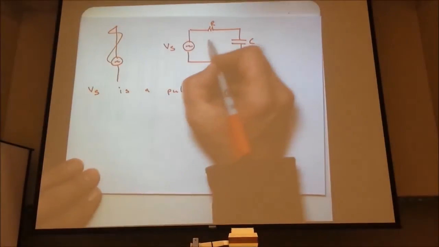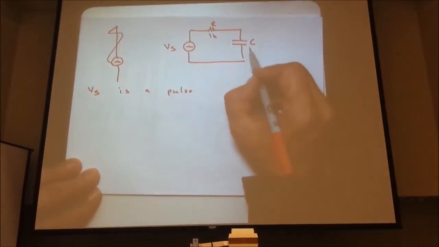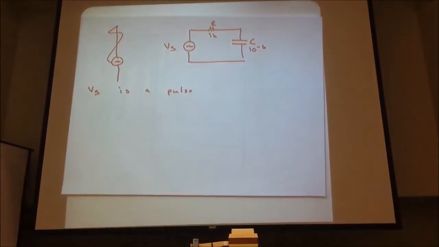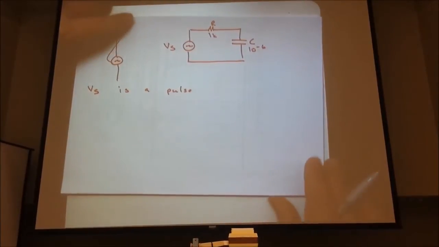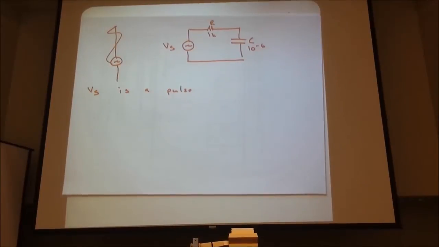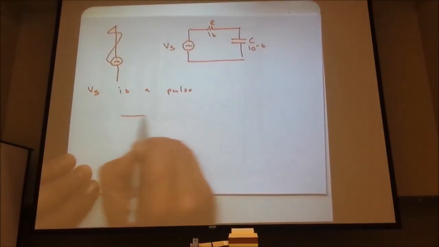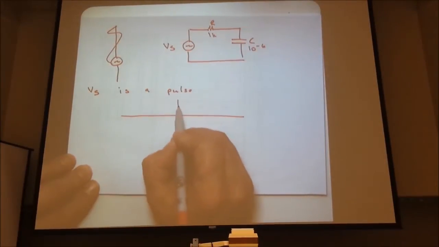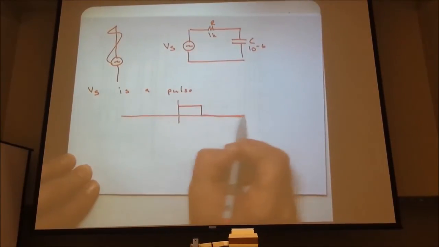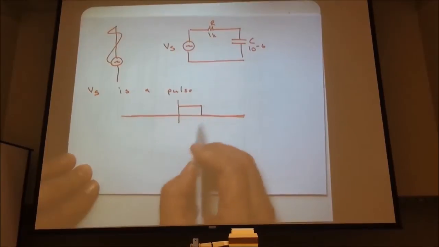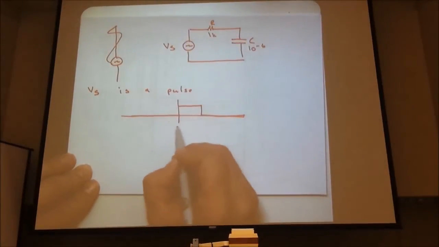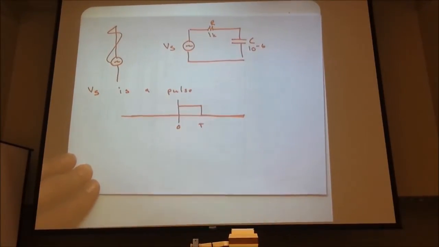Let's give ourselves values 1K and 1 minus 6. So, if V source is a pulse, it looks something like this. Some period of time it's on, that's 0 to some t, and then it turns off.